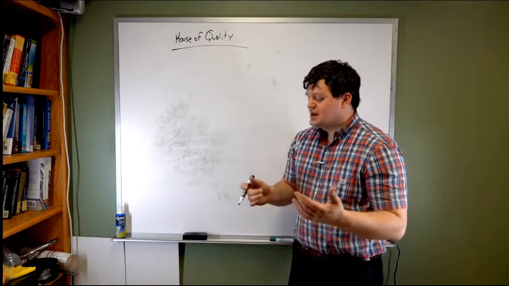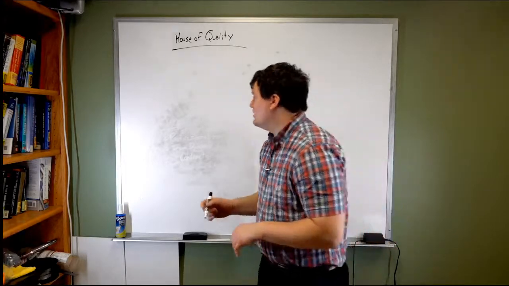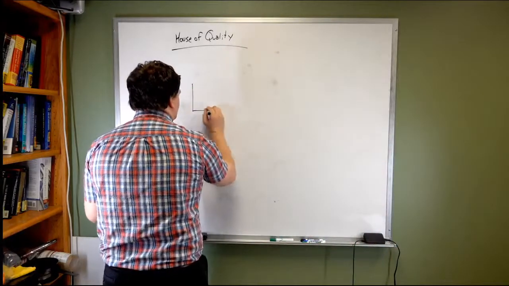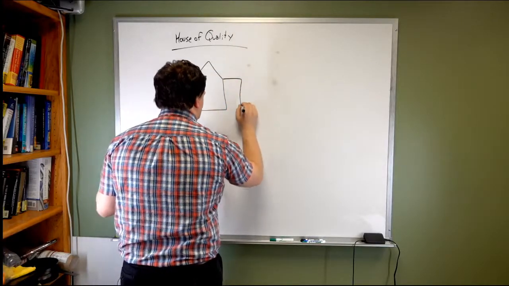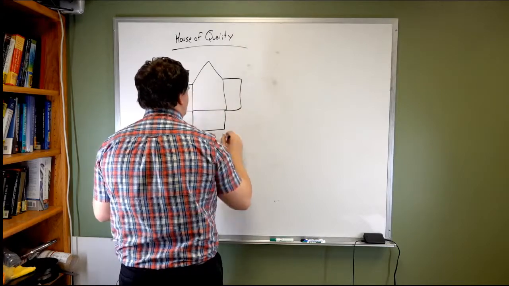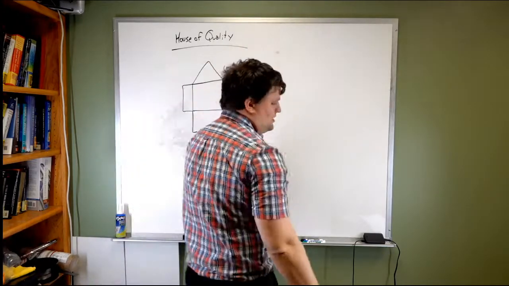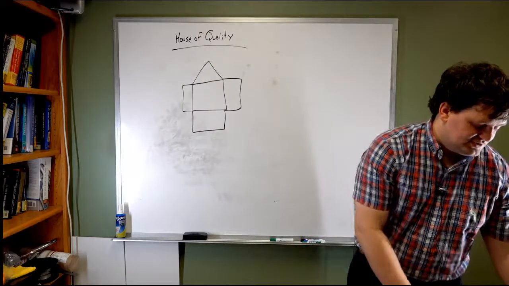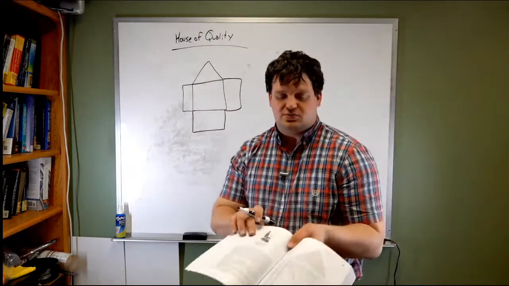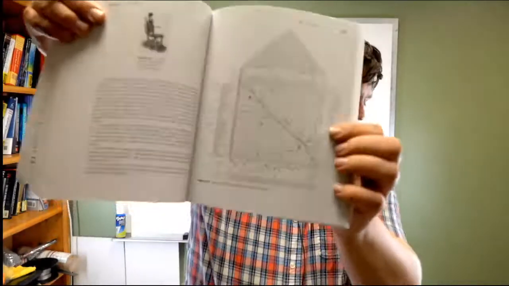Okay, so when it comes to house of quality, what is it? Well, house of quality looks like this. A full form house of quality takes this shape, and it generally has the shape of a house. You'll notice in your textbook, figure 6.5 gives an example of the house of quality being used.